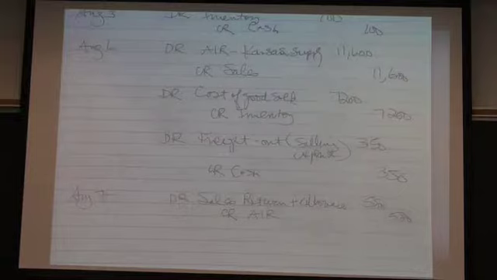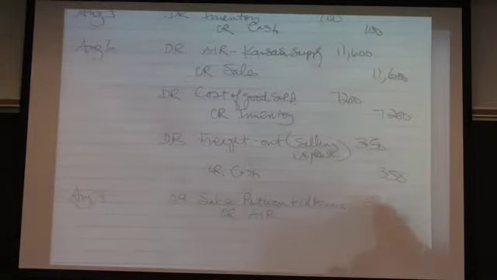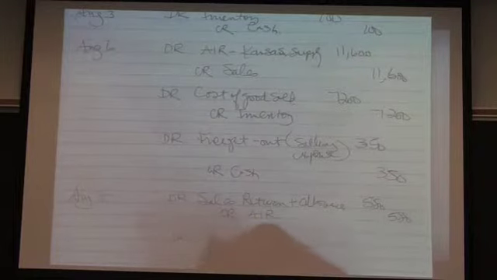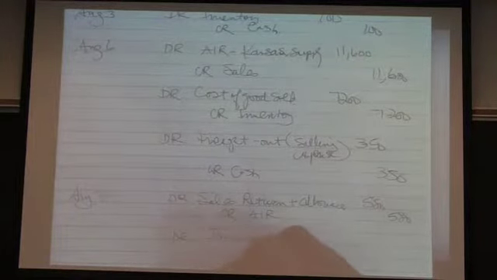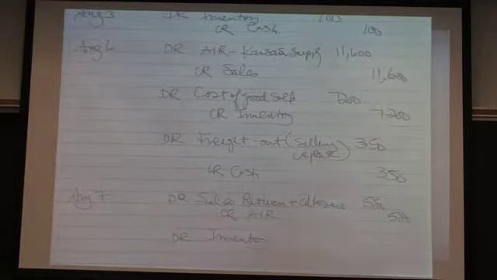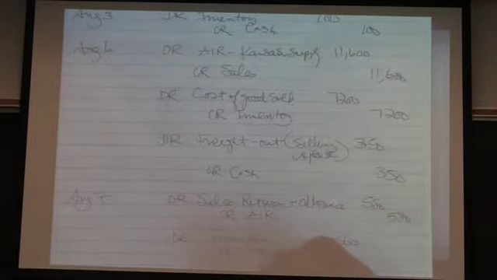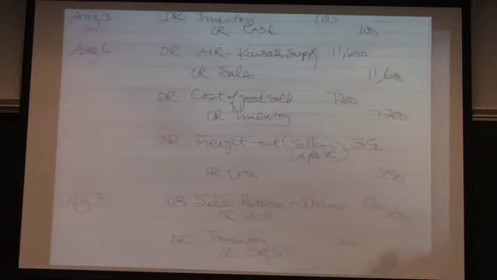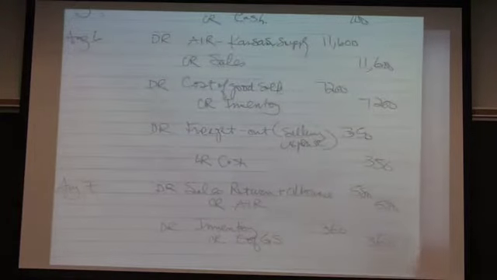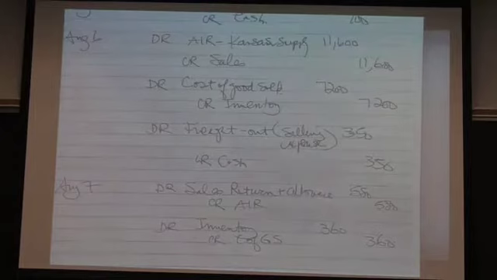Okay? Now, in this case, because the inventory came back, we need to debit inventory for the original cost, and we're told was $360, and credit cost of goods sold. I'm going to short form that to C of GS. Okay?